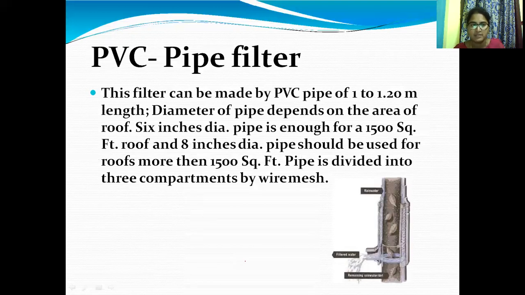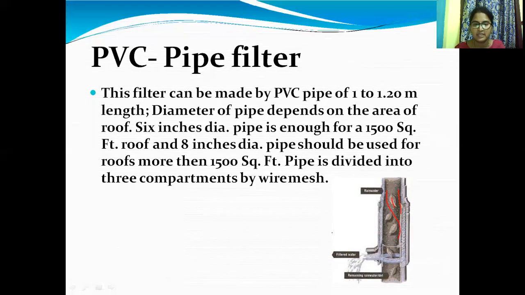And also with PVC pipes, this filter can be made from a PVC pipe of 1 to 1.2 meters. Any dust particles like leaves and stone dust, any grass, algae will be filtered by this type of filter. We can go for any type of filter; it will be filtered using these filtering techniques.